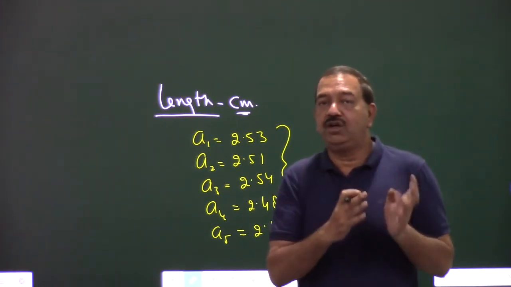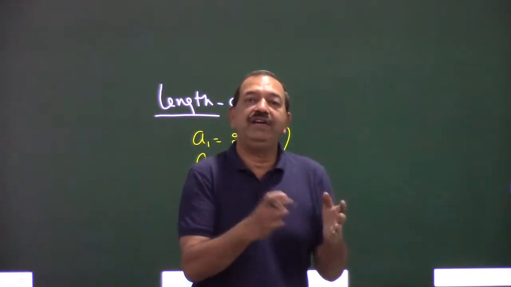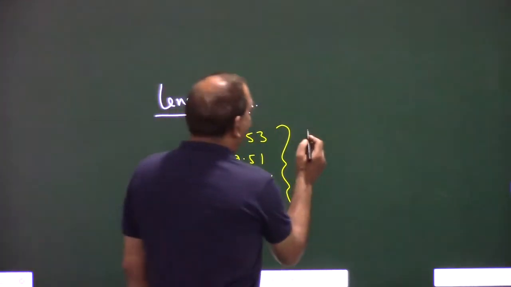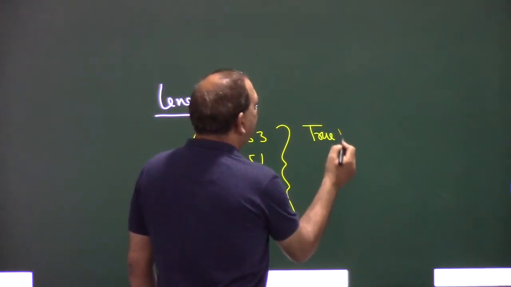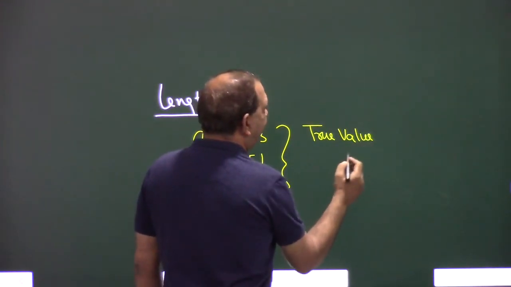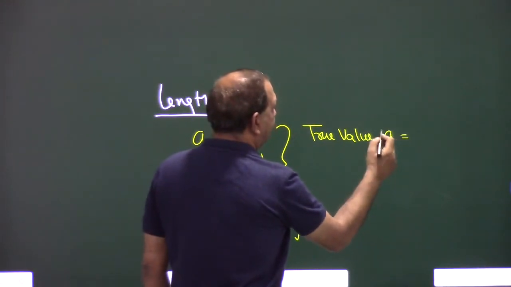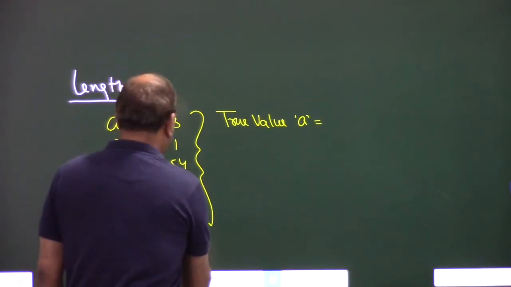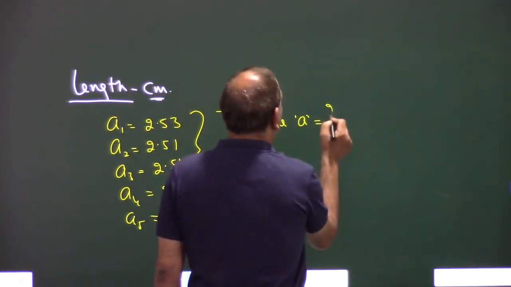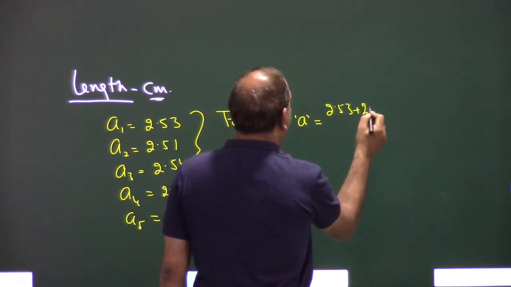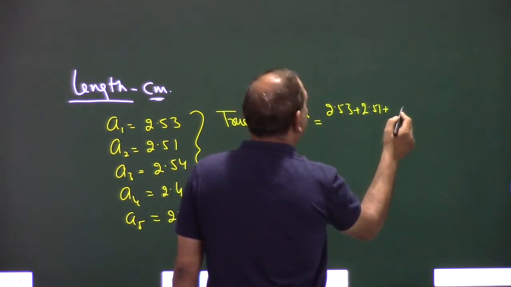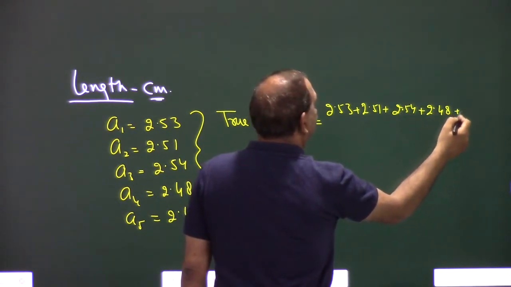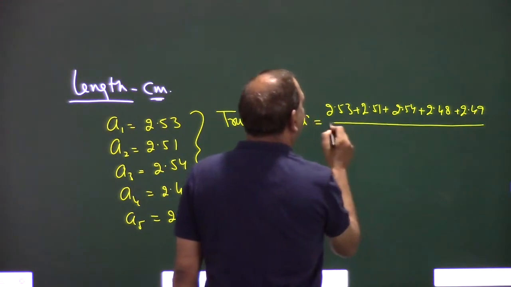To find out the actual value of length, we have to take the average of all these, and that is called the true value. We will write it as A is equal to the average of all, that is 2.53 plus 2.51 plus 2.54 plus 2.48 plus 2.49 divided by 5.